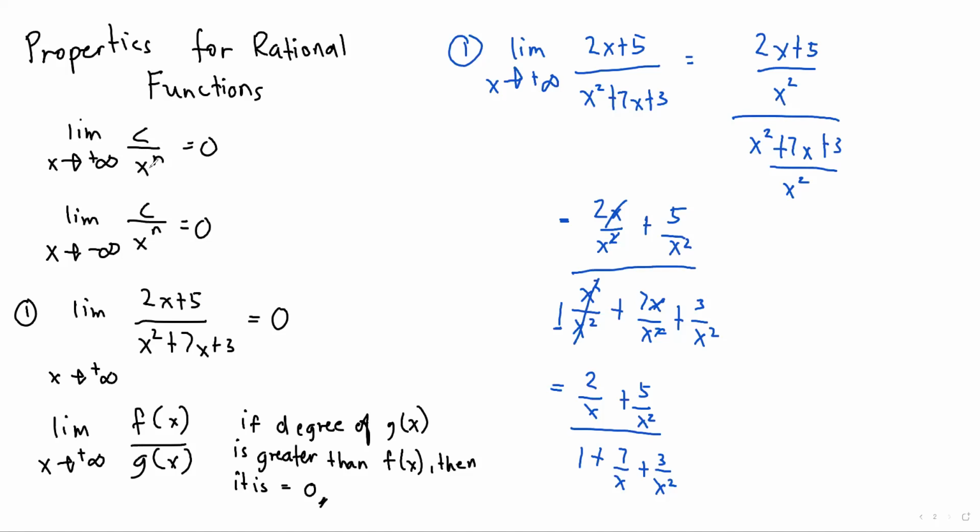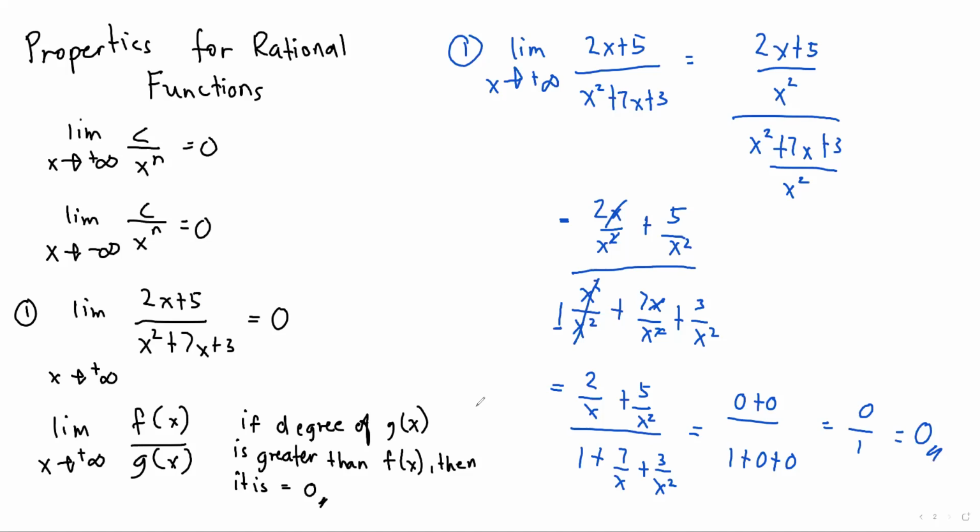And we have this property na any constant number divided by infinity is equal to 0. Okay? Diba? Any constant number divided by infinity, or x raised to any value, is equal to 0. So, magiging 0 plus 0 all over 1 plus 0 plus 0, which is equal to 0 over 1 equals 0.